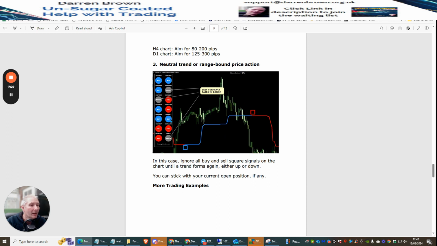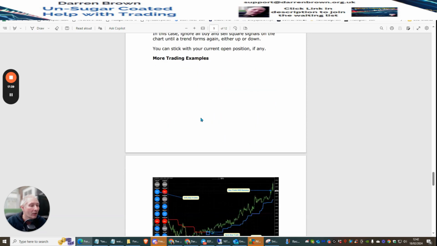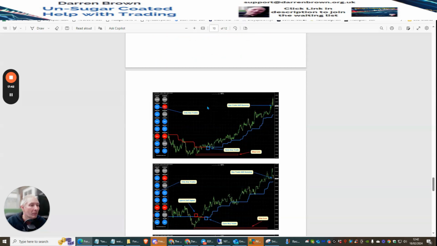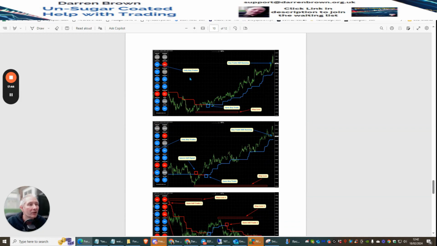More trading examples. You can see that range is going to come into the equation occasionally, and this is when you do not want to trade. You can see gold is in range on this particular market chart. You can also see now only buy trades where it comes up here.